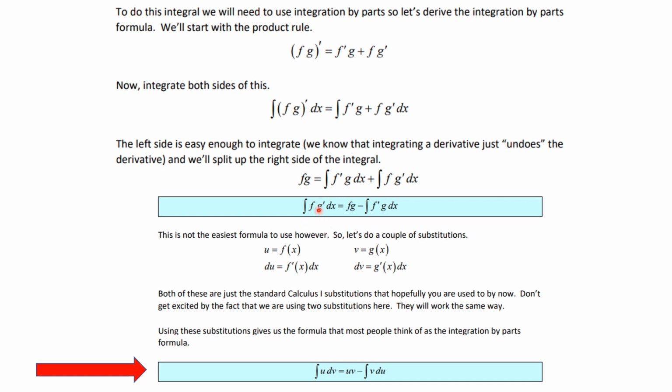When we make these substitutions into this formula, this is the equation that most people think of when they're thinking about integration by parts: the indefinite integral of u dv is equal to uv minus the integral of v du. You want to memorize this formula.